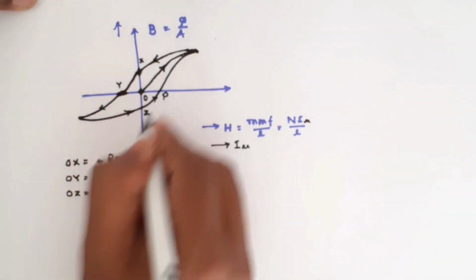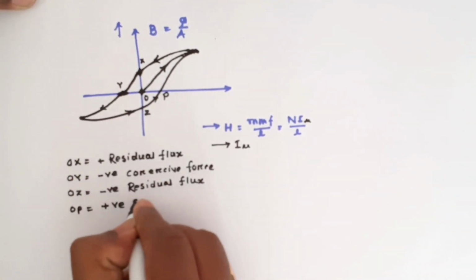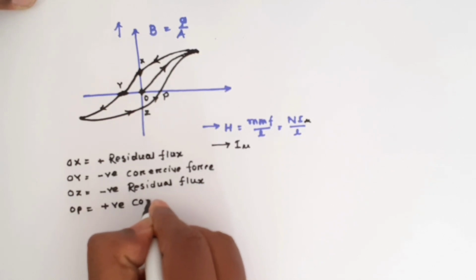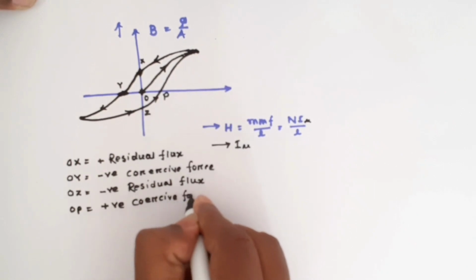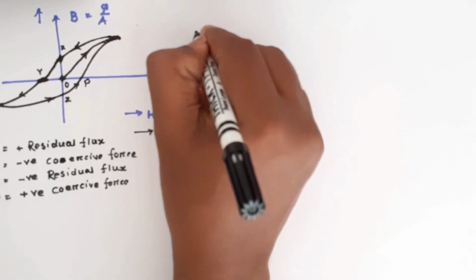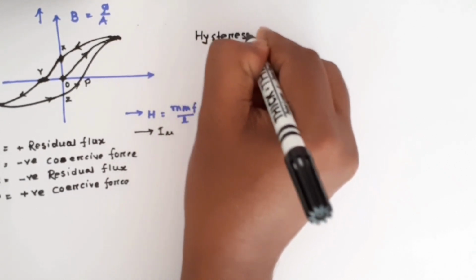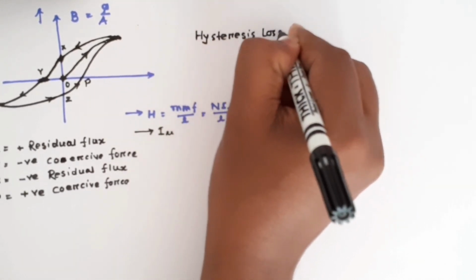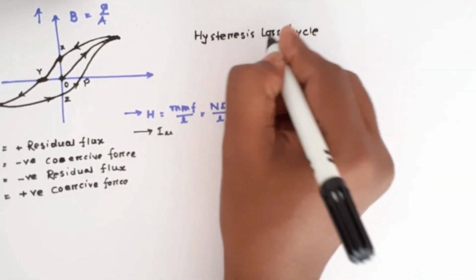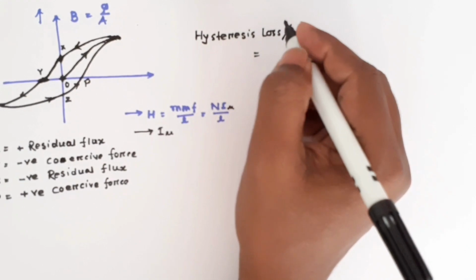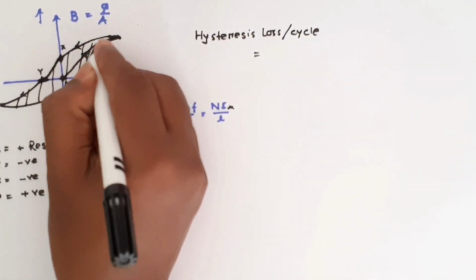And OP is the positive coercive force. This is the hysteresis loop. Hysteresis loss per cycle is given by the area under one hysteresis loop.